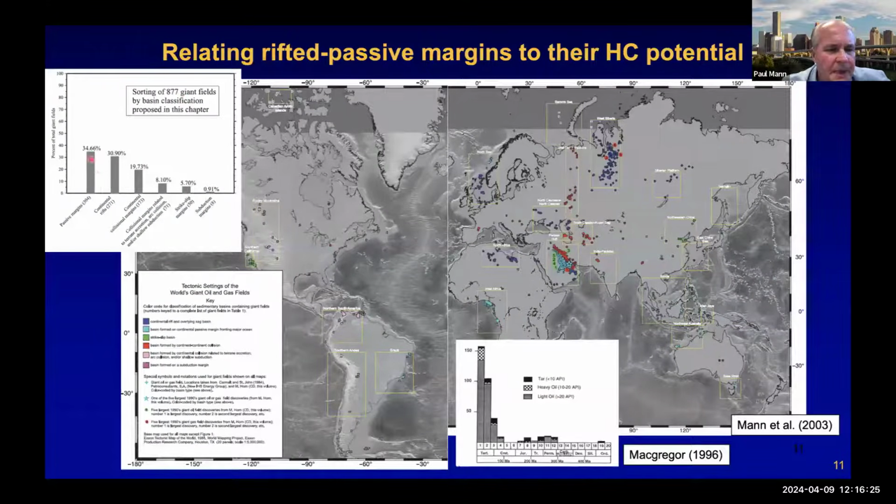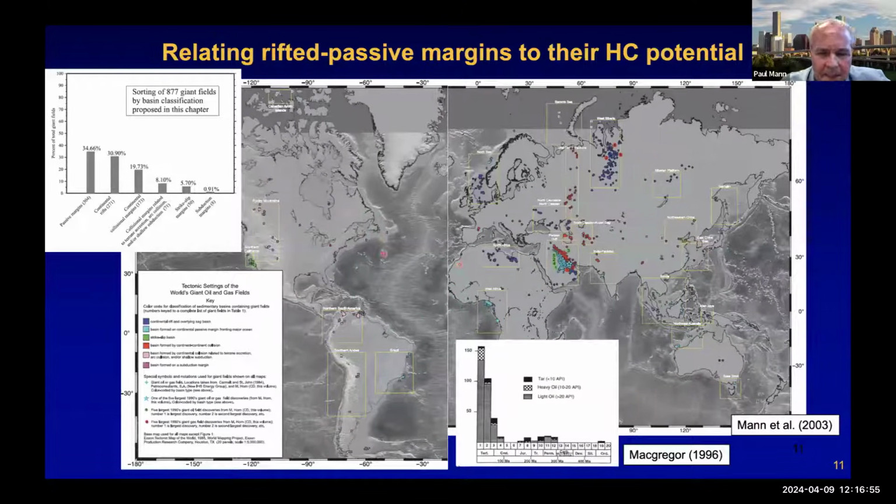And we found that about two-thirds of them were either in rifts or passive margins. The rest were in collisional zones, strike-slip zones, subduction margins, but those made up a much smaller group than these two together. So that's the main summary here, that rifted passive margins are really the place to go for oil and gas accumulation.